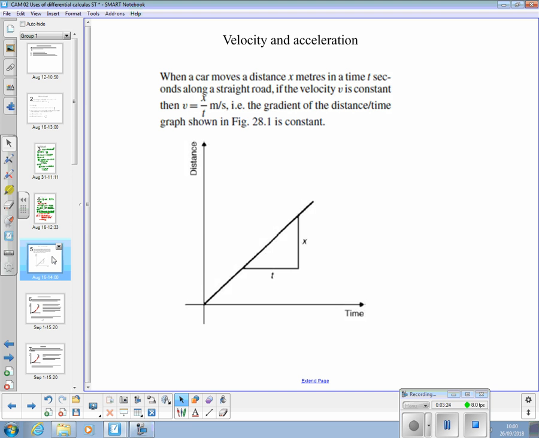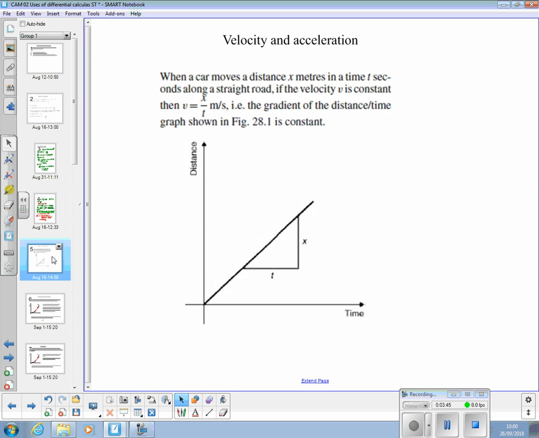Right. Velocity and acceleration. When a car moves a distance x meters in time t seconds along a straight road, the velocity v is constant, then v is equal to x over t meters per second, i.e. the gradient of the distance time graph.